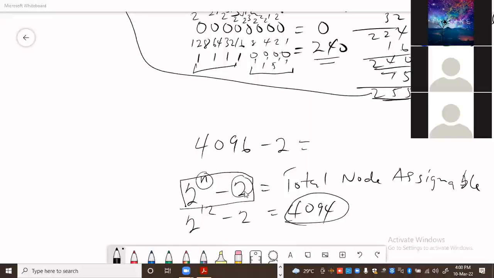So you want to pay attention to the questions very well. However I frame it, you want to read and understand the key information that's being required from you before you try to answer the question. Okay? So for just the total number of IP addresses, it will just be this. But for the total number of assignable IP addresses, you have to minus the 2. Okay, guys?